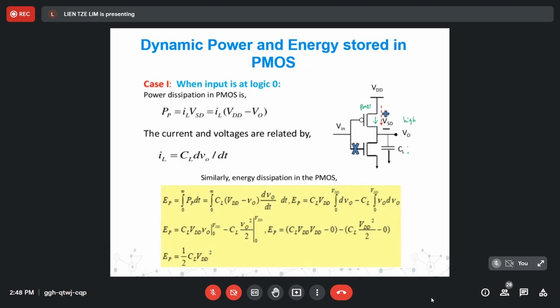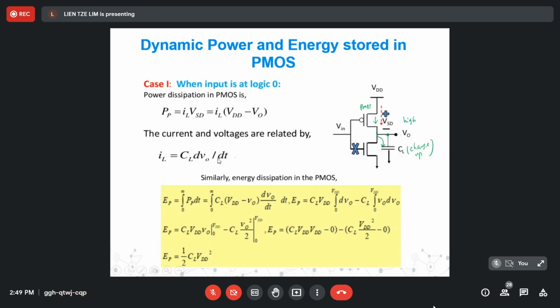So here we charge up. Current flows through to the capacitance and there is a charging process. The potential here will change from time to time, so this is related by this formula.